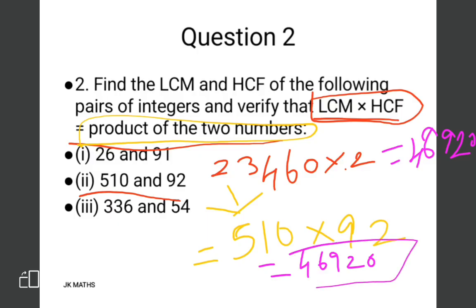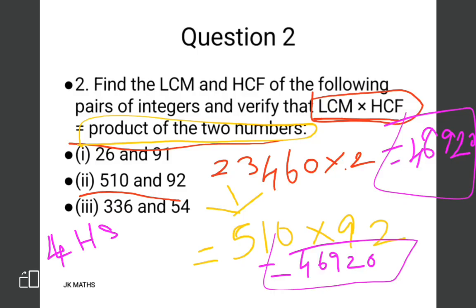Both LHS and RHS give the same answer, so LHS is equal to RHS. Or we can write: LCM into HCF is equal to the product of two numbers, hence proved. That's it. So this is the easiest sum.